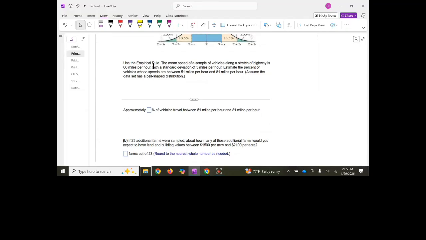This handout that I'm giving you has the same problems that you have there in 2.4. What I did is include the picture of that bell-shaped curve under every one of these questions, because I think it makes the process easier on how to do these kinds of problems.